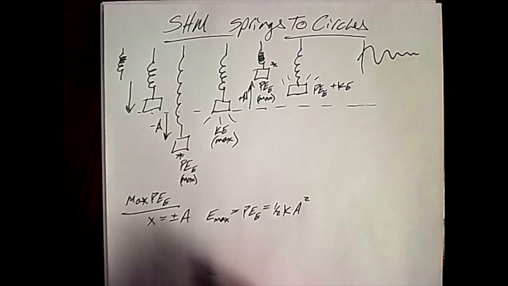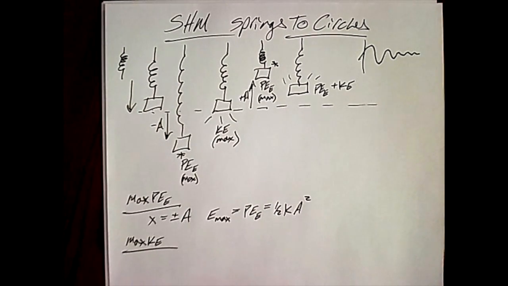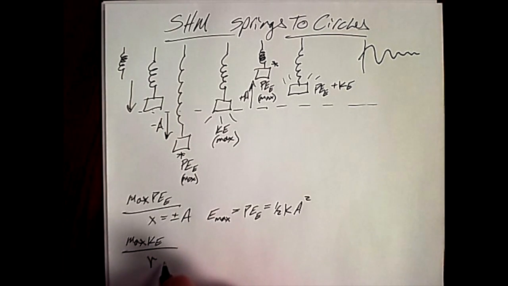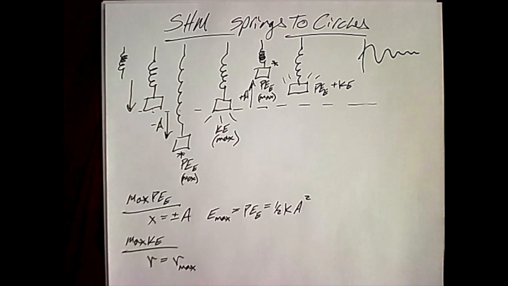At the equilibrium position, we have a maximum kinetic energy. At the maximum kinetic energy, the velocity is a velocity maximum, right? It is the highest velocity that this system experiences while it's at the equilibrium line. In some texts, this is written as V naught, but I don't want you to get confused and think that that is initial velocity.